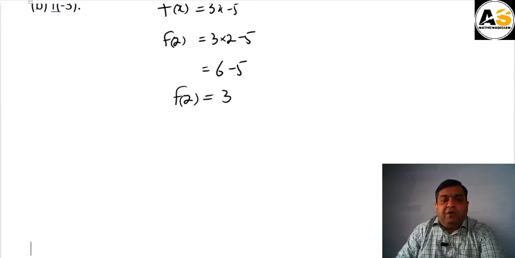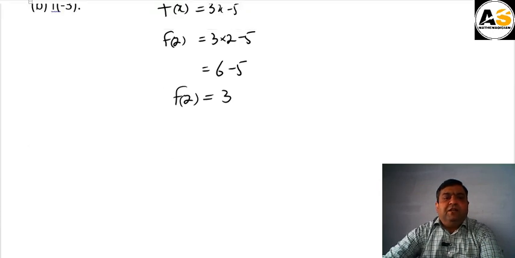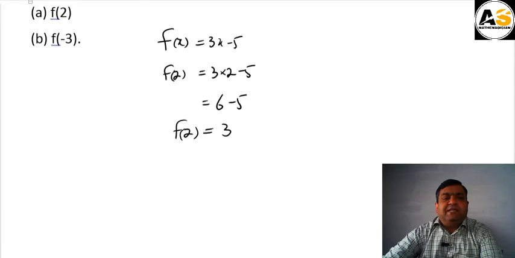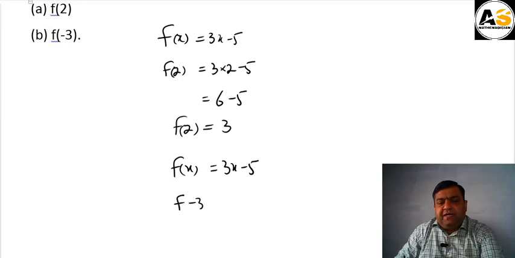Now the value of f at x is equal to minus 3. What will be its value at x is equal to minus 3? f of x is 3x minus 5. So what will be f of minus 3?